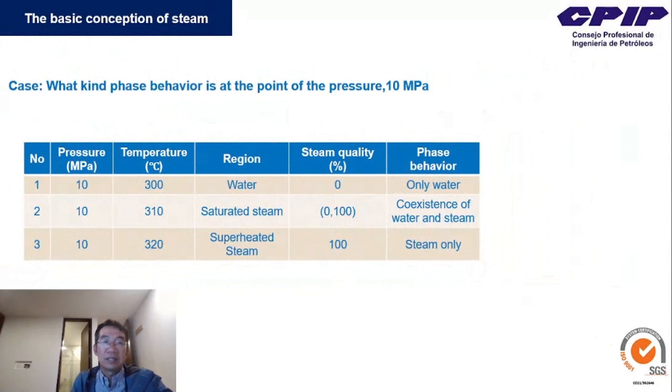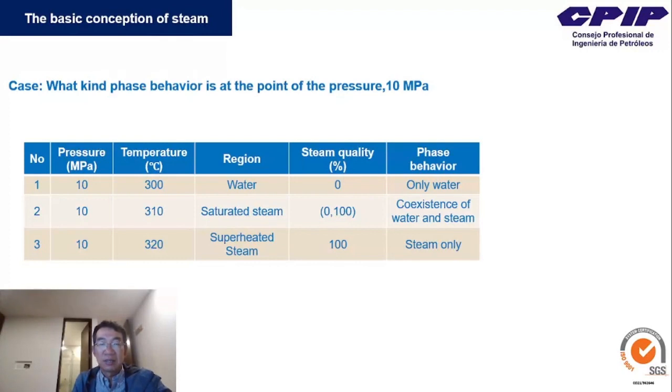So what kind of physical behavior is at the point of pressure 10 MPa? We can say the pressure is 10 MPa, and the temperature is 300, 310, and 320. The region is water, saturated steam, and superheated steam. When the temperature is 300, the steam quality is 0.